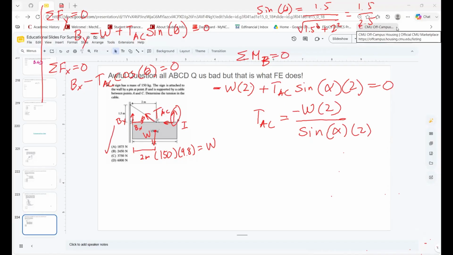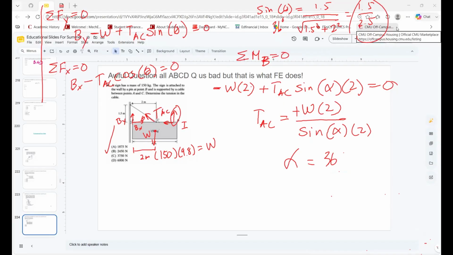I did it this way because it's easier, but you could have used inverse sine. Let's do inverse sine for you guys because it might be better. It's 36 degrees, and with that 36 degrees, you could have put 36 degrees equals alpha here too if you want. I just want to show you different ways of doing it, not just my way. Also, this is positive because it goes to the other side. Don't forget that.